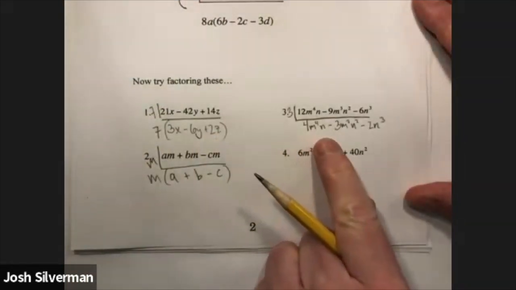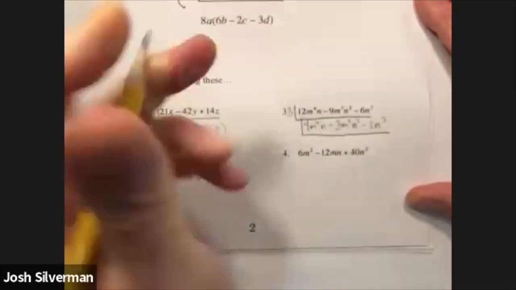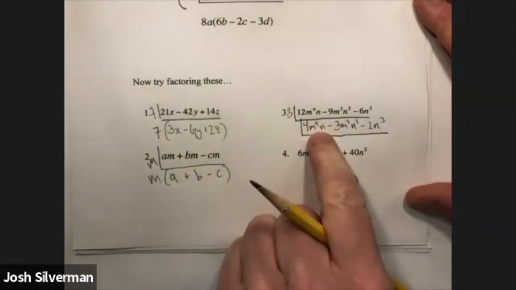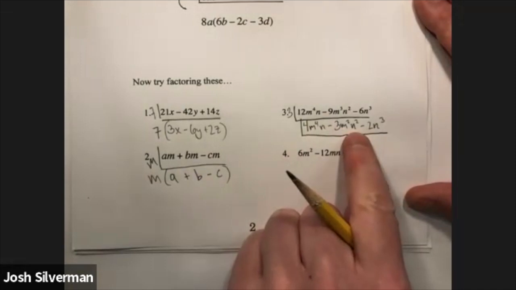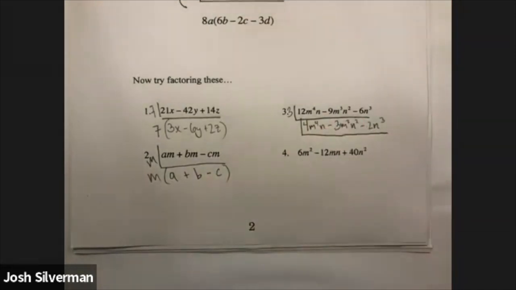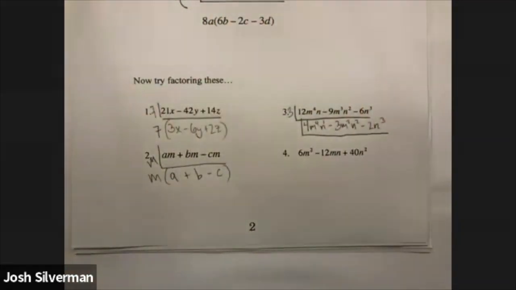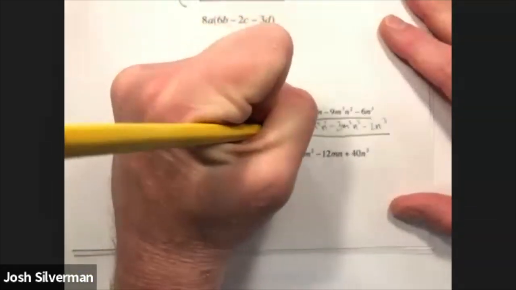What can all of these be divided by? Well, they could all be divided by at least a single n. So when we're asking about the variables, it's the lowest exponent. That's what determines what you can take out. And in this case, the lowest exponent is a 1. You can't see that 1 because it's a hidden 1, but it's a 1 right there. Take out an n.